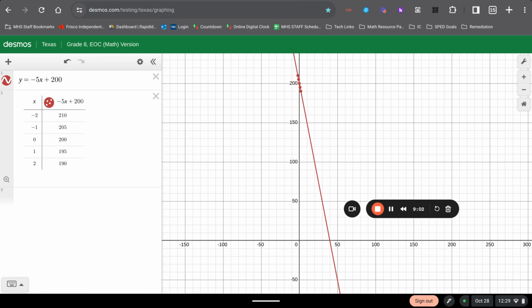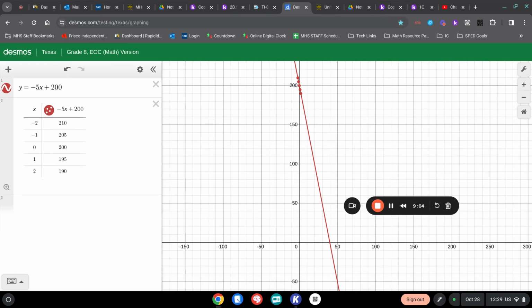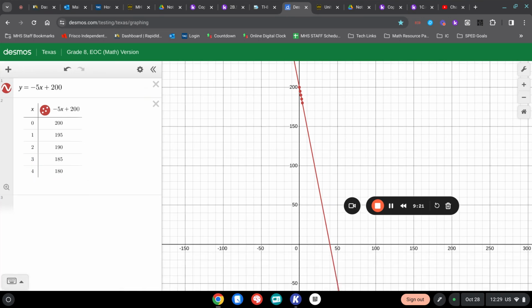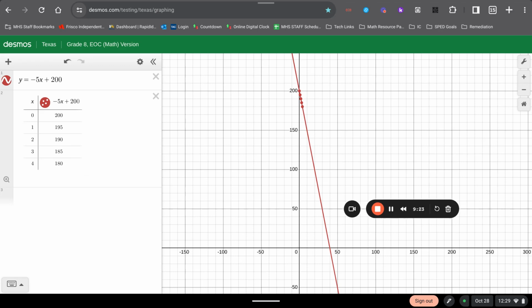So if you want to, you can always change that into a table that fits for us better and just retype these x values, and it will automatically calculate the y value for us. So 0, 1, 2, 3, 4, and we can see those y values of 200, 195, 190, 185, and 180.